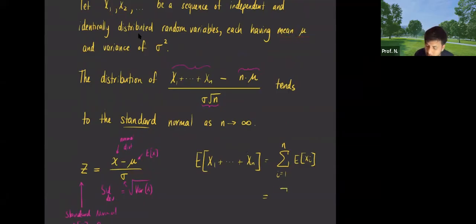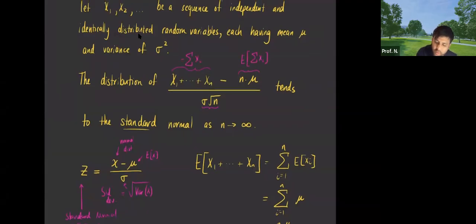Mu. But I'm adding mu n times. So n times mu. So this is the expected value of the sum of these random variables.